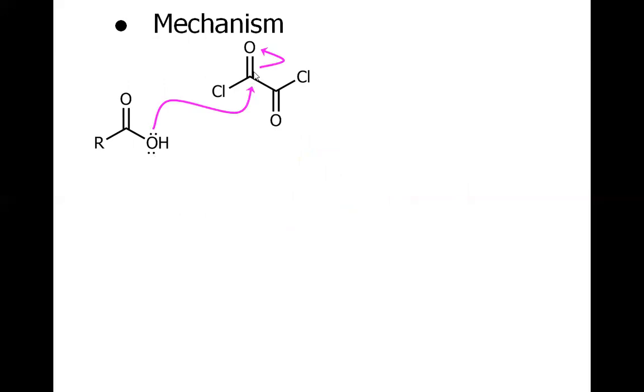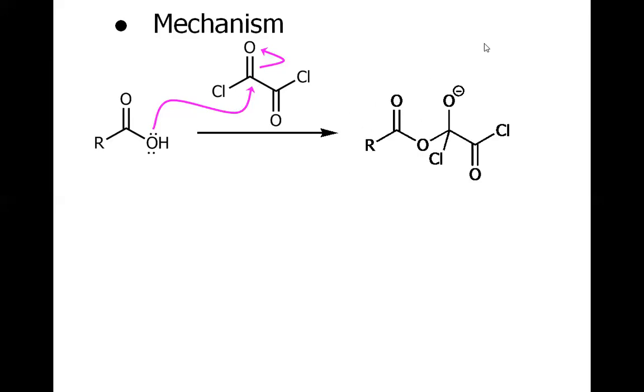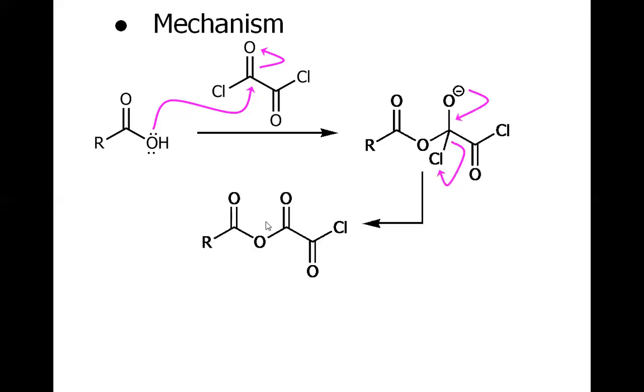As a result, we will have this tetrahedral intermediate, as we have been consistently discussing. And then this oxyanion will expel the chlorine group out. And we have this particular intermediate, and the chlorine that has just been expelled will attack this carbonyl carbon.